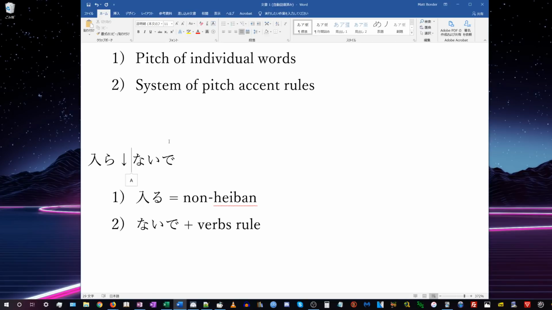So you can see, if you know, first of all, the pitch accent of the individual word, plus whatever specific rule is being applied, then you can derive on your own what the final answer is going to be. And basically, when you get to longer, more fleshed out sentences, it's just the same thing. It's a combination of all the different rules being applied to the base pitch accents of the individual words.